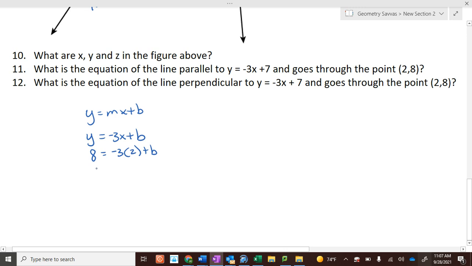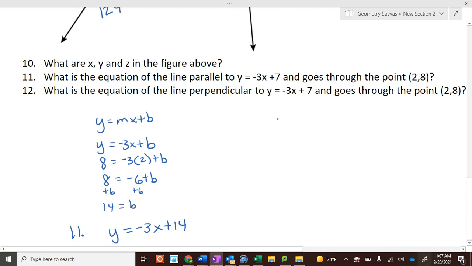What's negative 3 times 2? So if we add 6 to each side, b equals 14, so y equals negative 3x plus 14. That's number 11.